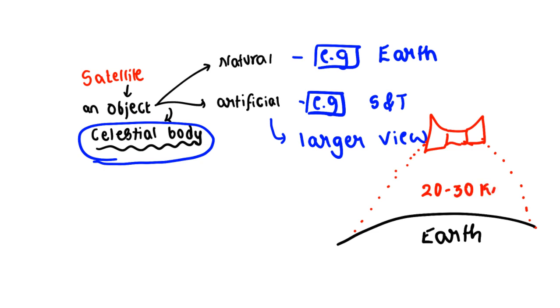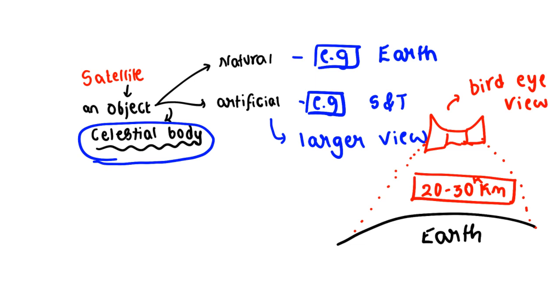It can collect and send information within fractions of seconds, and it can cover 20 to 30,000 kilometers with a bird's eye view. The view that it carries is called the bird's eye view. A bird's eye view is a view which can cover larger distances and can transmit and receive signals.